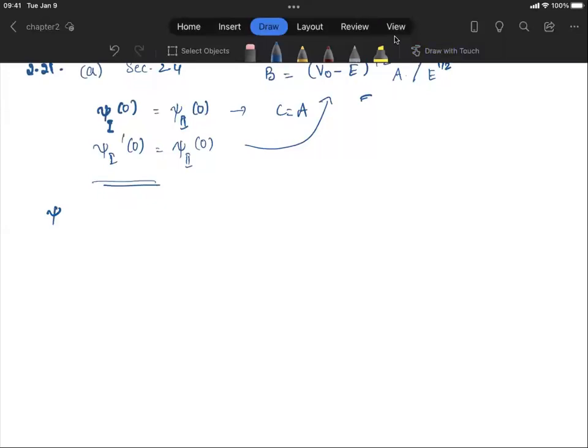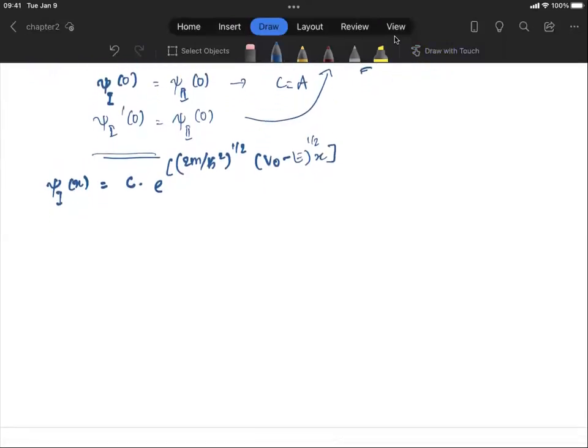So before we get into that, psi 1 is going to be C times e to the power of (2m over h bar squared) to the power half times this value, and psi 2 of x is going to be A cos, plus B sin.